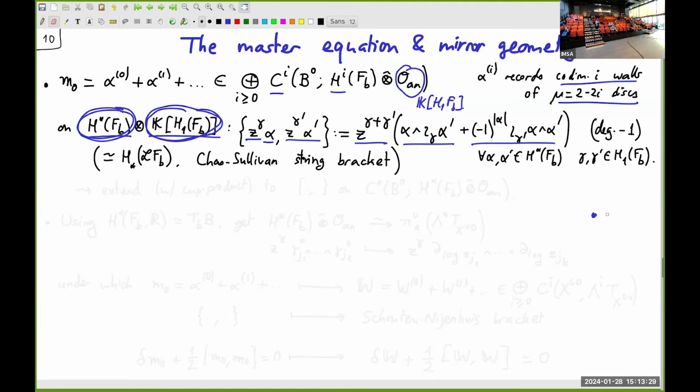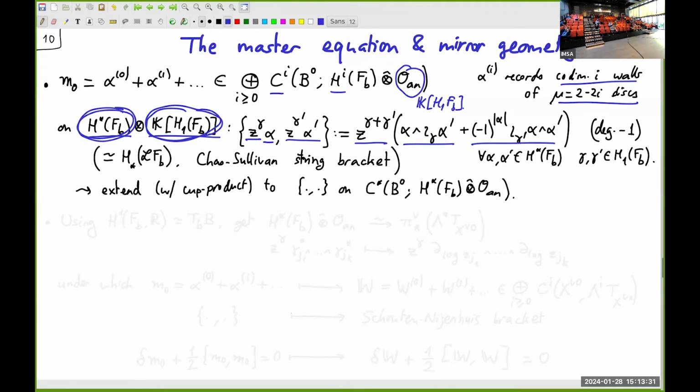Okay, so now we're going to extend this first by doing completions to infinite sums of such things, which is where we land in this. And then the second thing we do is, now that we have not just the fiber and those monomials, we're also going to add cochains on B0, and so we need to add also the cup product on B0.